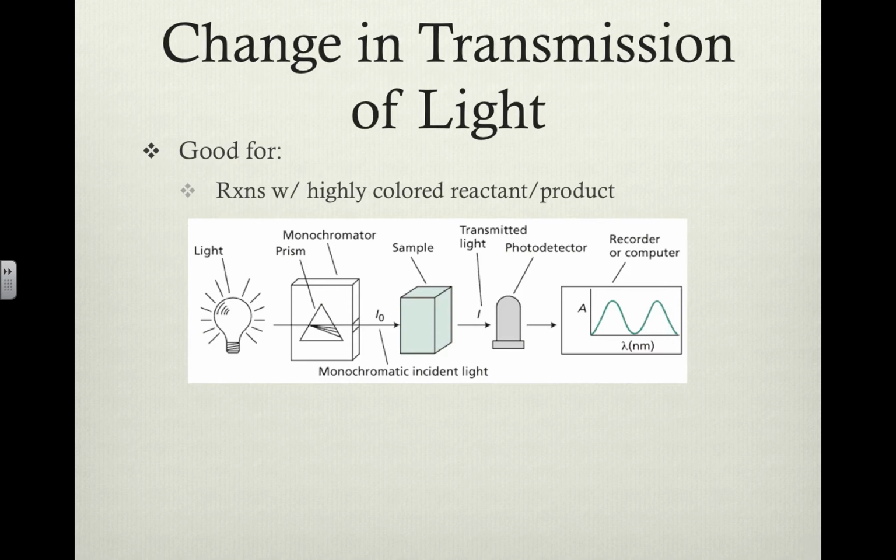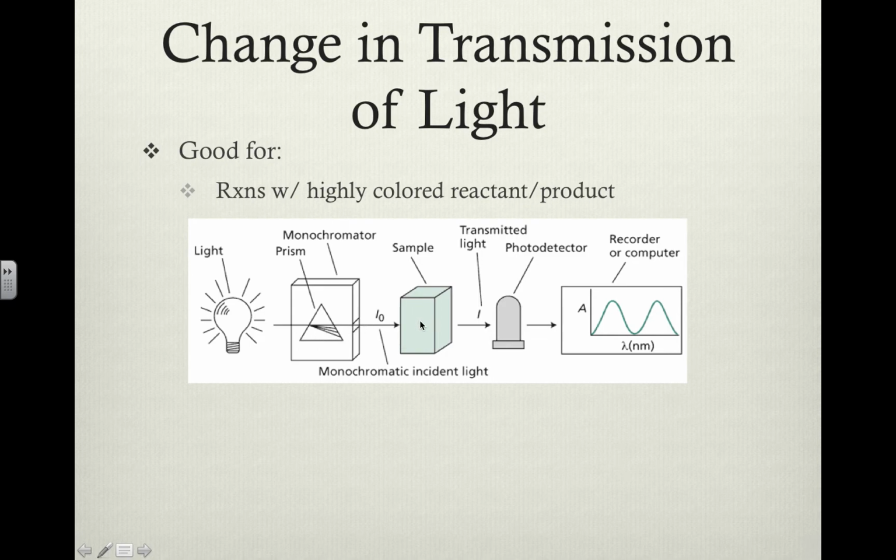Okay, if you have something that changes from really colored to not, or the reverse, you can measure the change in transmission of light. So we have our light bulb, and it goes through a prism to spread it out into the different colors, diffracts it, and all that light is passed through the sample.